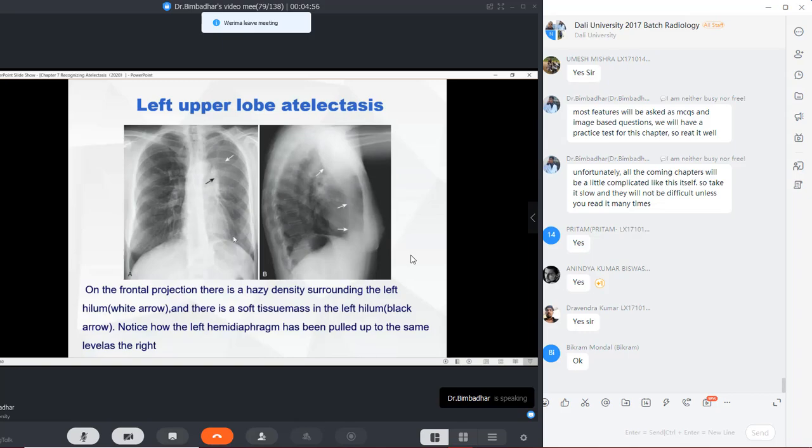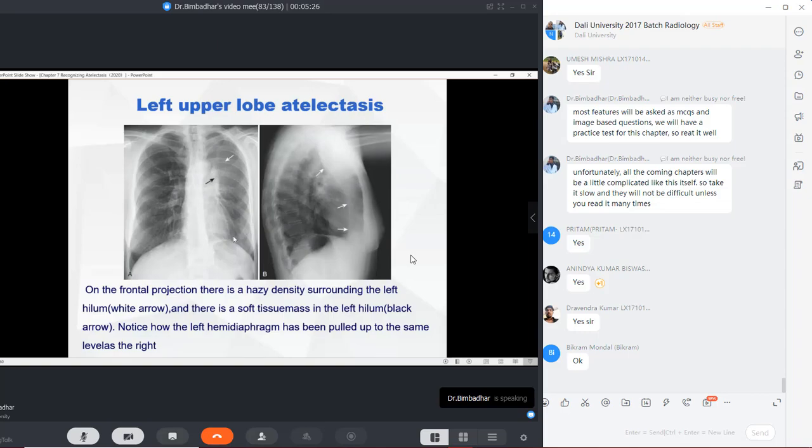The evidence for this we see from dextrocardia. Dextrocardia has demonstrated that even if the heart is present on the right side, the right hemidiaphragm is shifted downwards. So by that, I can understand that it is the heart that is influencing the level of the diaphragm, but not the liver. Okay.